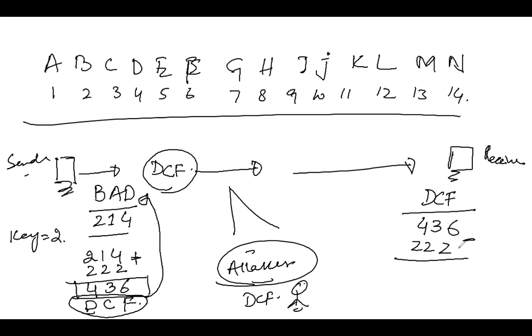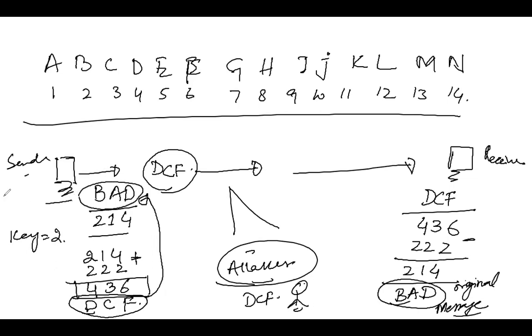You will subtract this 2 from these digits. So here you will get 2, 1, and 4. And once you convert it into the alphabet, you will get the original message, that is BED.